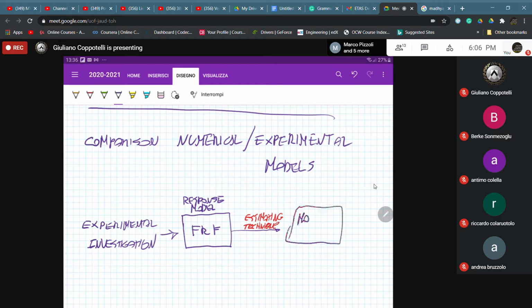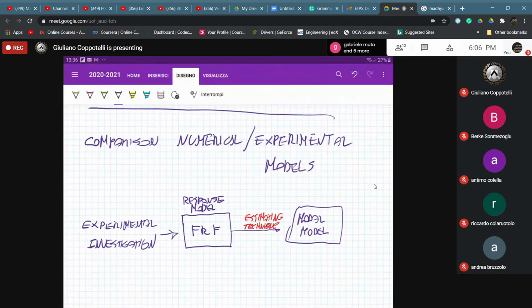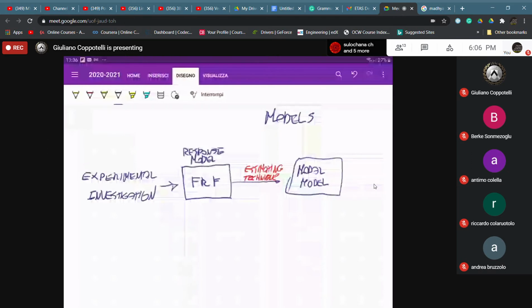That is the path from the experimental point of view that tells you what the modal parameters of your system are. From the numerical analysis, we have a little bit different path.